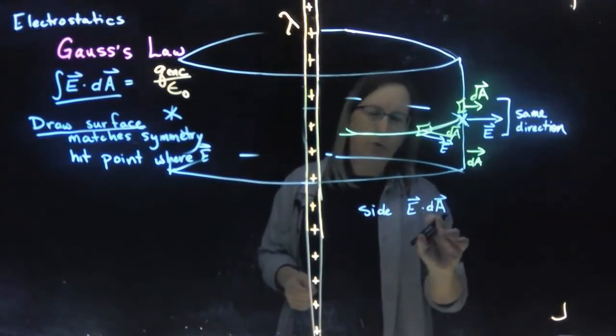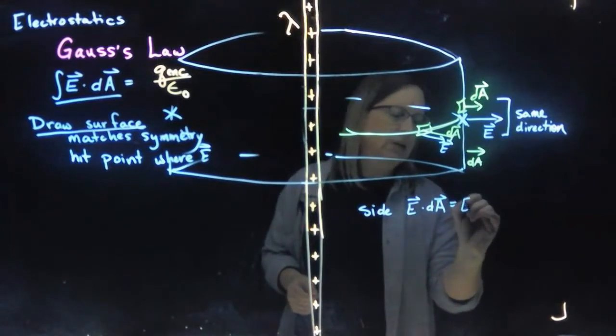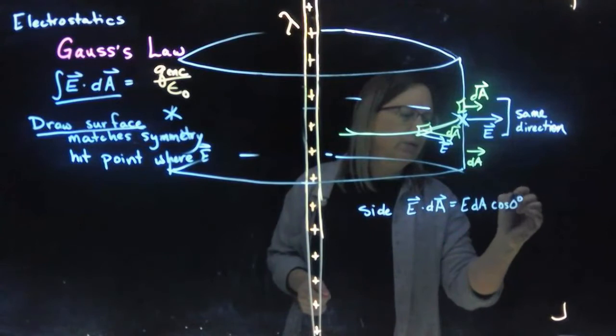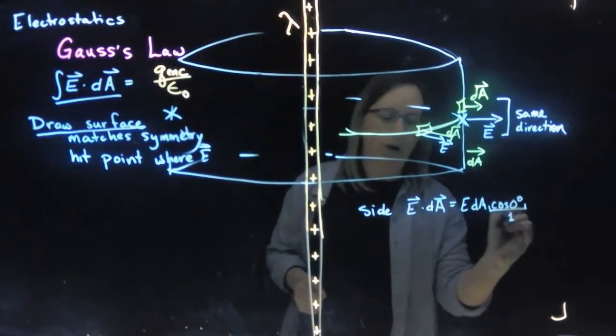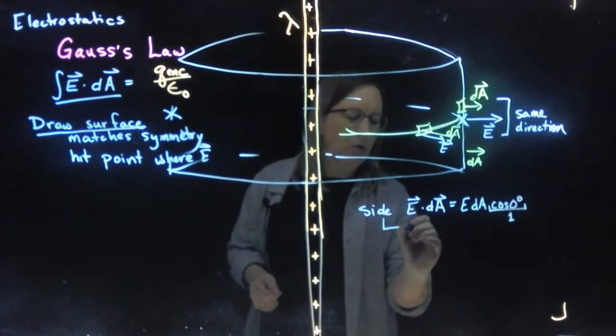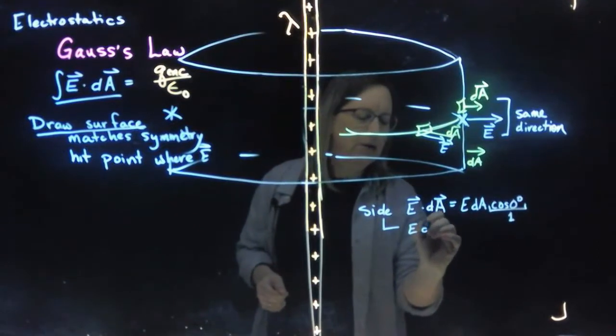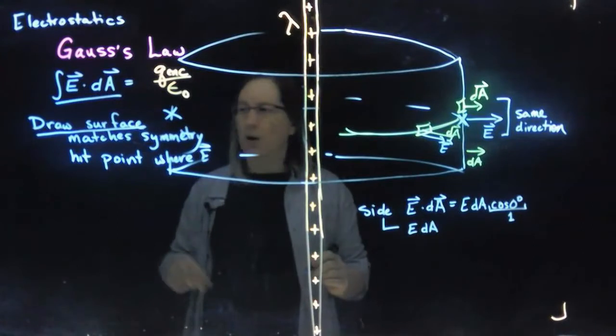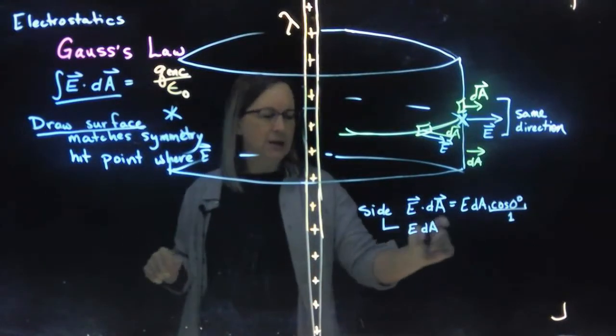The angle between these is 0, so this is E times dA times the cosine of 0 degrees. Cosine of 0 is 1. So on the side, we just have E times dA inside this integral. That's not the flux yet, but that's what's inside.